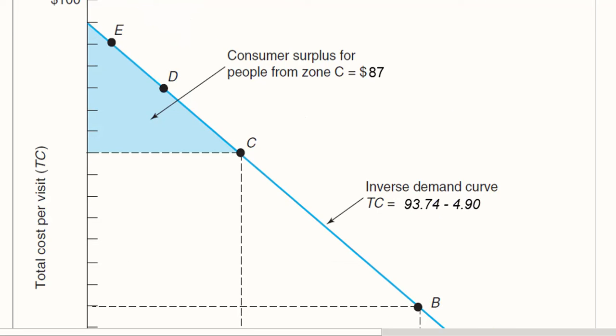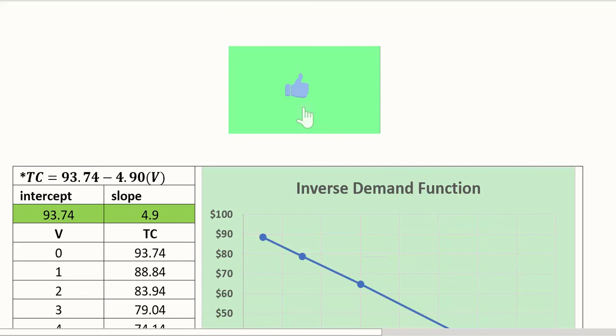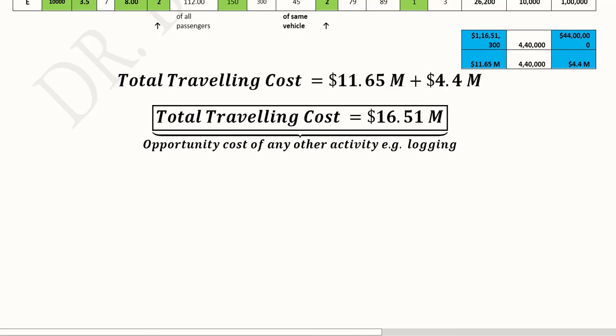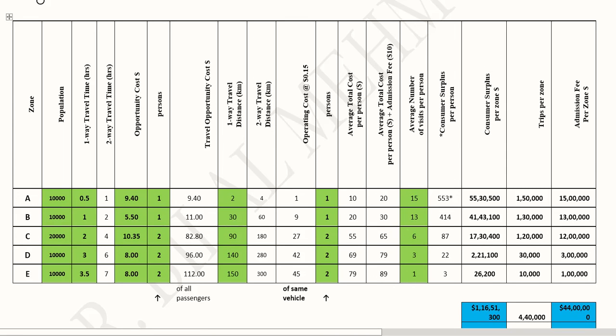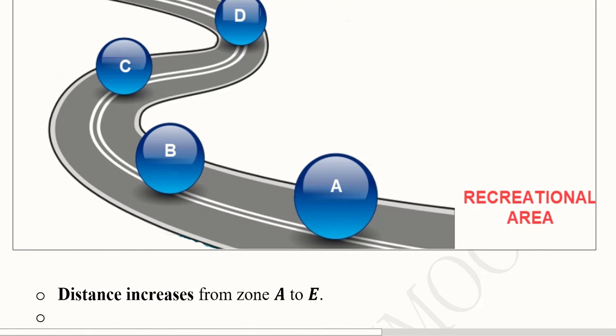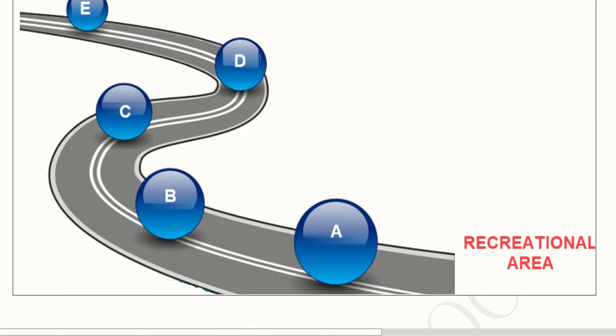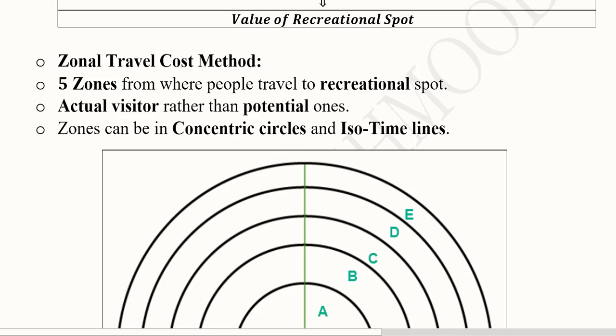This was the calculation of the consumer surplus. This was the estimation of the inverse demand function, the tabulation, and this was the final result of the travel cost method, which is based upon this table, a comprehensive table listing each and every value and how the calculations are done. And this is one of the possibilities of the geographical distribution of various zones, isotime lines, and the concentric circles.